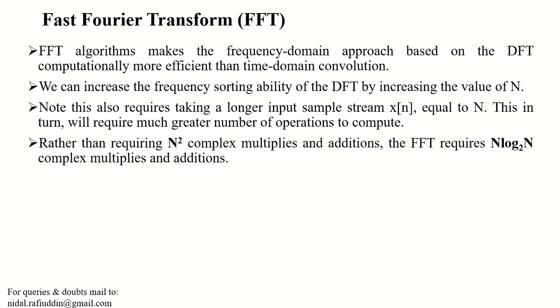Now, rather than requiring N squared complex multiplies and additions, the FFT requires only N log base 2 of N complex multiplies and additions. So the implementation of the DFT in an optimized way, which is what the FFT does, reduces the number of computations from N squared to N log N.